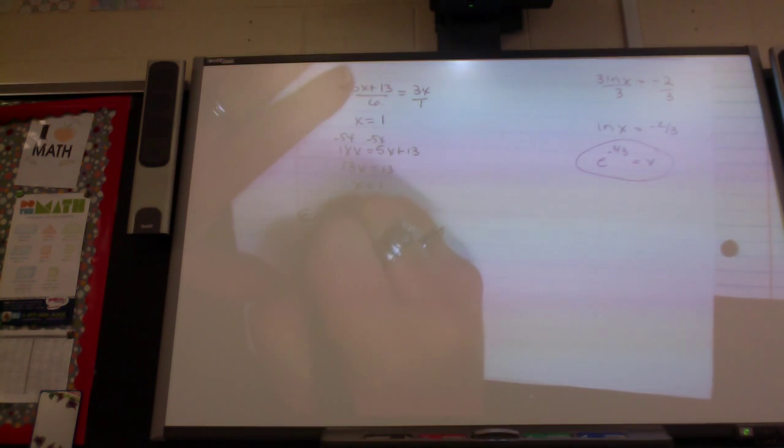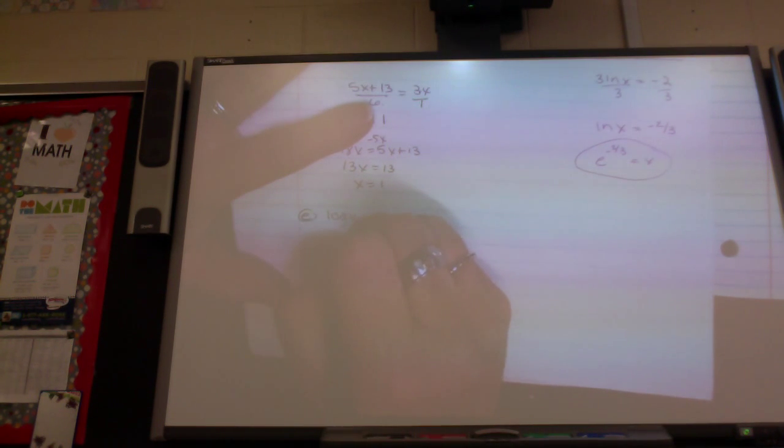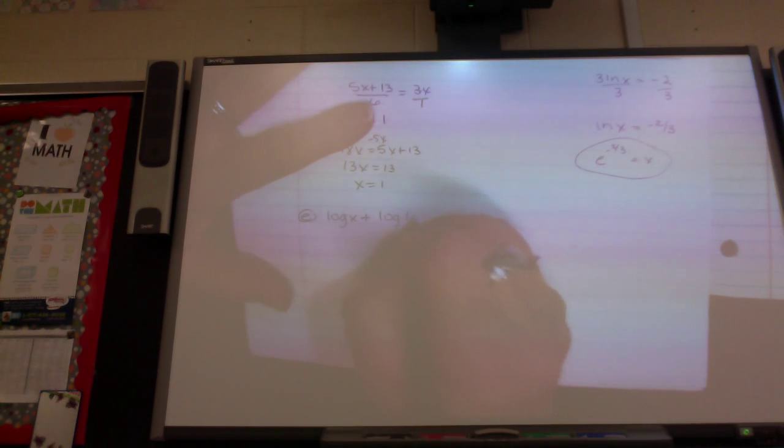One more. Everybody done with D? E: log of x plus log of x minus 9 equals 1.